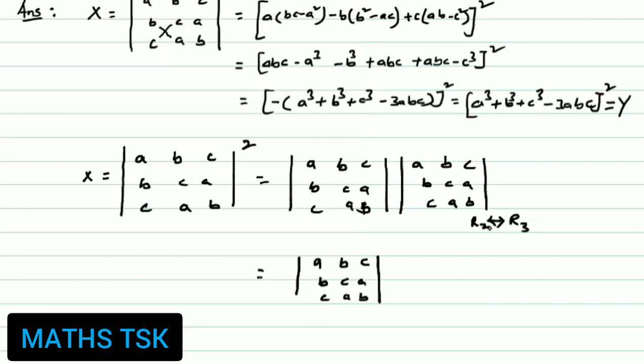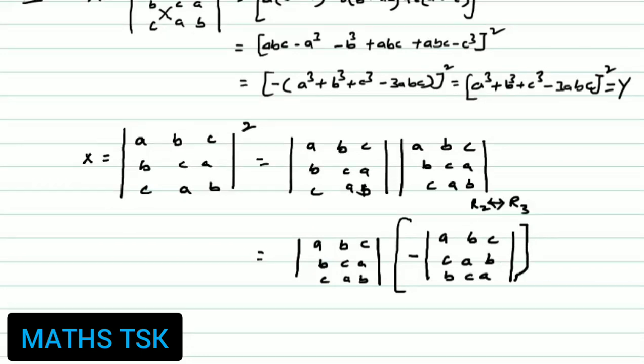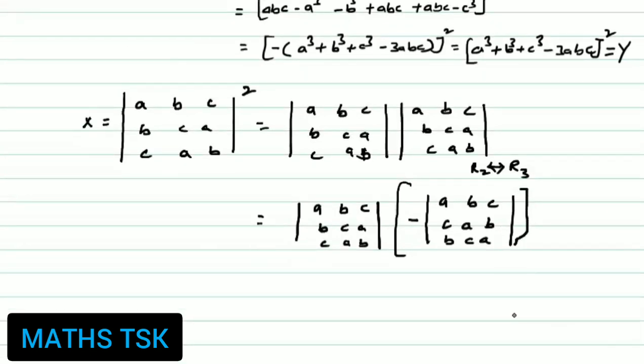If you interchange any two rows, the sign of the determinant changes. So it is a plus determinant, so it is minus of ABC, BCA, CAB, which is interchanged, so CAB, BCA. Okay? Alright.